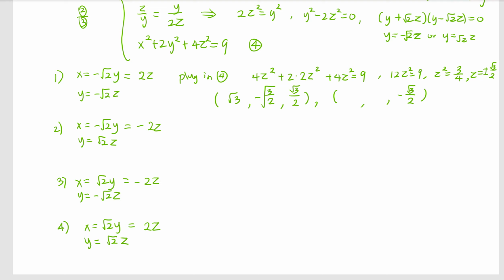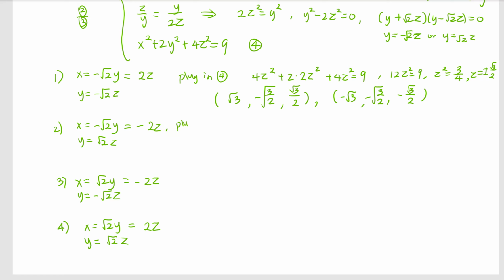On the other hand, we flip the sign, so negative root 3, negative root 3 over root 3. So far, so good, everybody. Okay, let's continue.